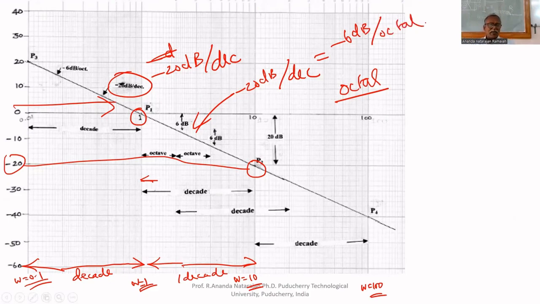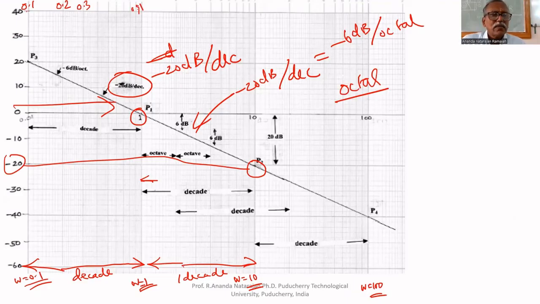Minus 6 dB per octal means the frequency will be doubled. Here it is 0.1, here 0.2, doubled. 0.3, this is 1, this is 0.9.